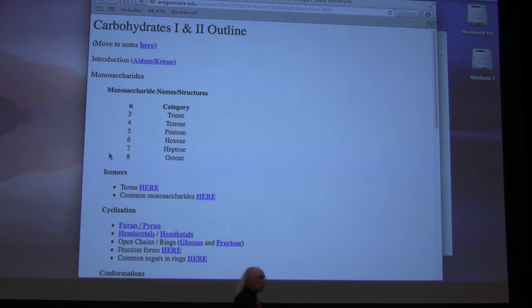The letters OSE on the end of any biochemical name refers to the fact that we're talking about a saccharide of some sort. Okay? So a triose is a saccharide that has 3 carbons, the tri referring to the 3. Tetrose has 4 carbons, et cetera, et cetera.